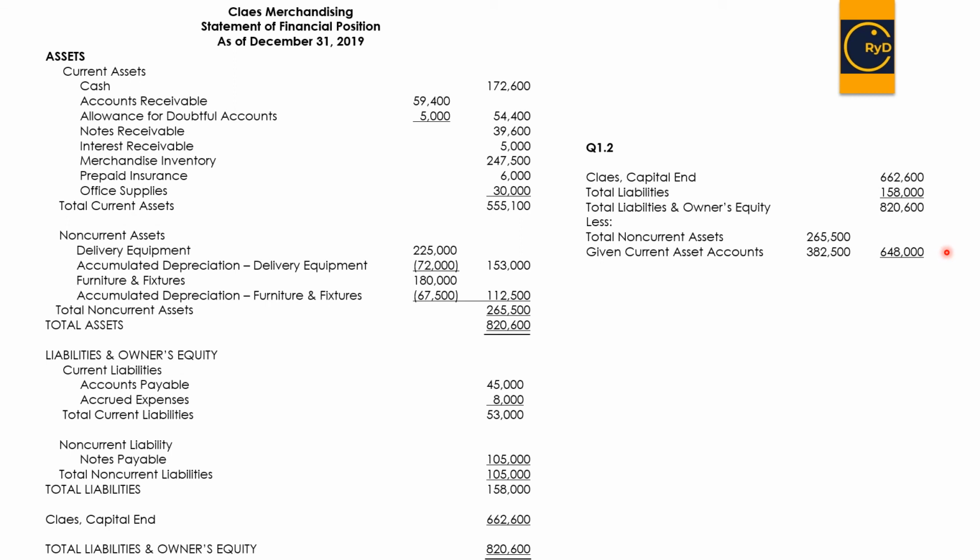We deduct that from our total liabilities and owner's equity, so we still arrive at our cash amount of 172,600. I hope everything is clear with our statement of changes in equity. If you have questions, just let me know, okay?